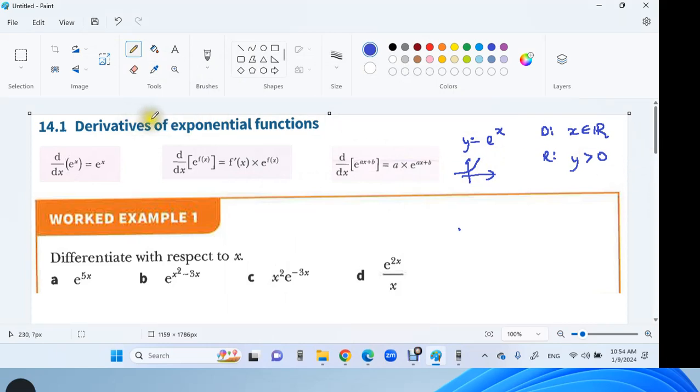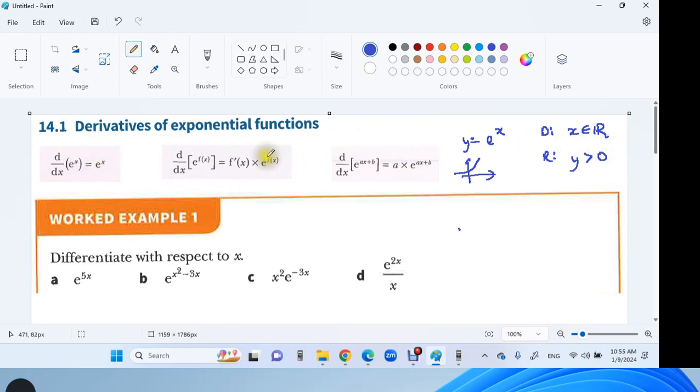Then we want to find the differentiation for the exponent function. So we have e to the x; we differentiate e to the x, it will become e to the x. So the differentiation of e to the x is equal to e to the x. The reason behind it I will show in another video, when I'm free.